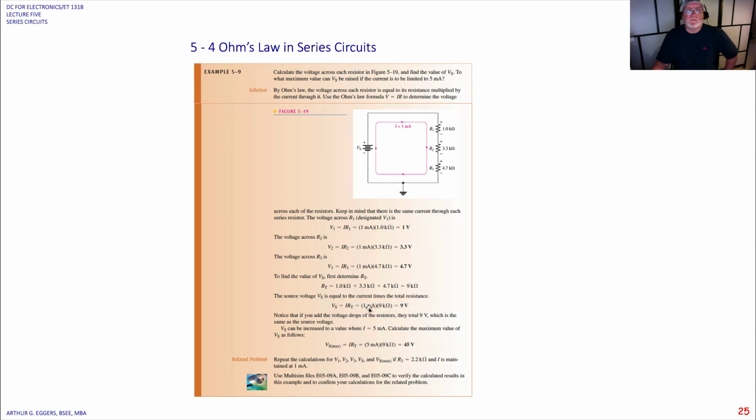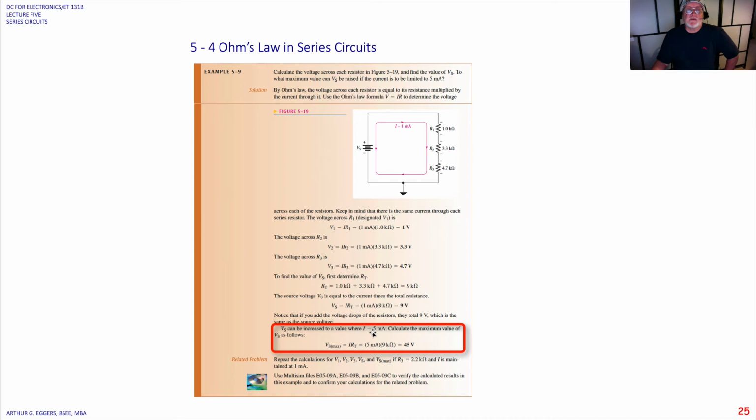Now notice, if you add the voltage drops of the resistors, they total 9 volts, which is the same as the source voltage. So you go back and check it. 1 volt plus 3.3 plus 4.7. When they're all totaled up, same 9 volts. Now the other part of the question asks, the source can be increased to a value where the current is 5 milliamps.